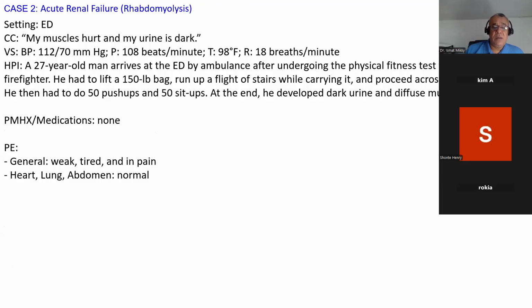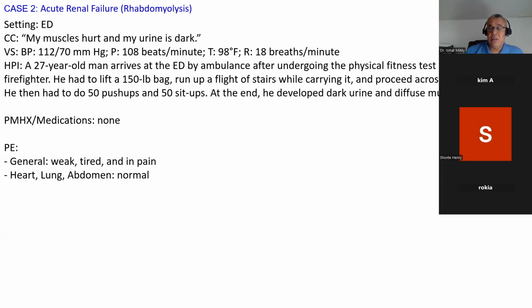So the second one is acute renal failure, which is rhabdomyolysis. One of the obvious or clear symptoms is the dark urine, and muscle pain.